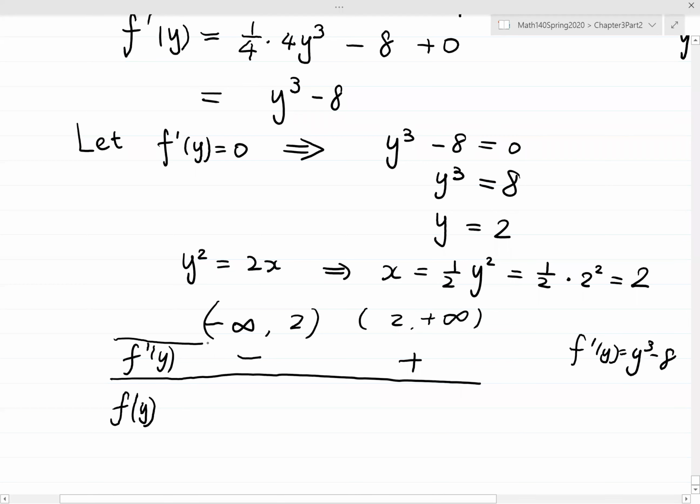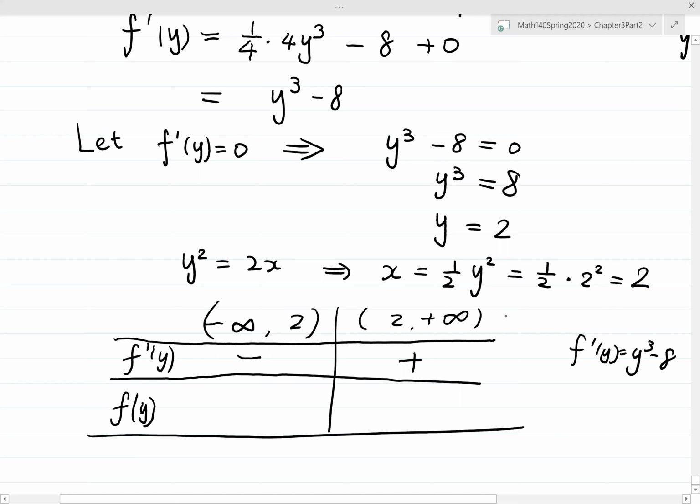Then by the increasing/decreasing test, okay. For instance, from the interval negative infinity to 2, you plug in y to be 0. Then you see f′(y) is y³ − 8. Plug in y to 0, then you get −8. So f′ is negative. Then we apply the increasing/decreasing test. Derivative is negative, means the function is decreasing.